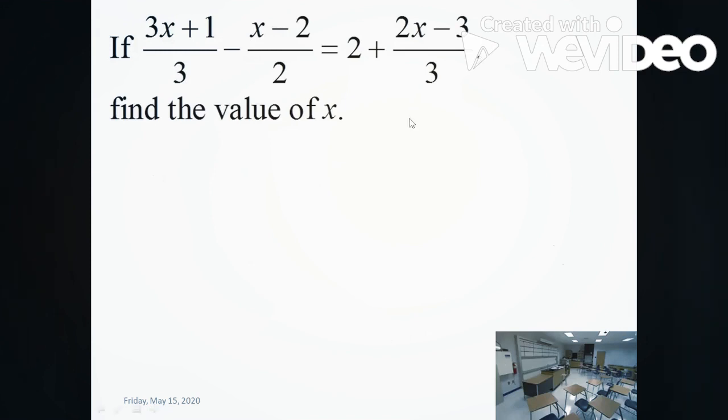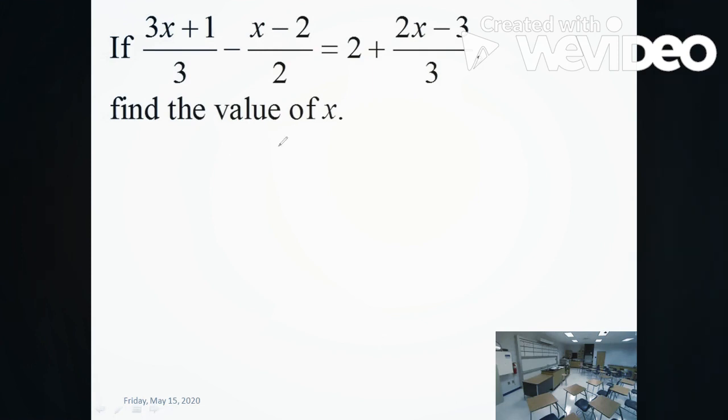All right, so this is a fractional equation. And this might take some time to work.